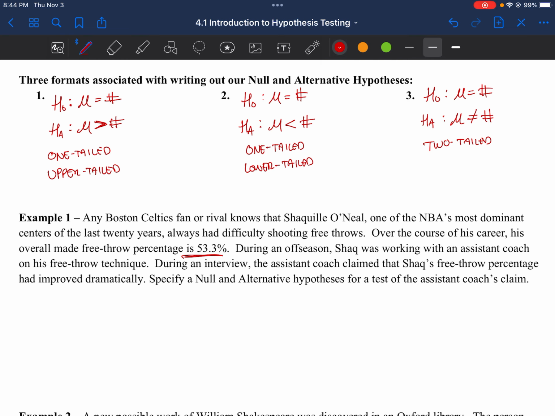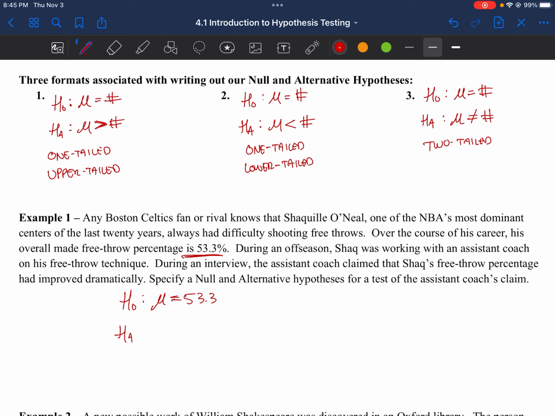So we want to specify a null and alternative hypothesis for what the assistant coach has claimed. So the null hypothesis is going to be that Shaq is still going to be shooting 53.3% of his free throws and making them in. The reason I'm choosing this as my null hypothesis is because this is the way it's always been.